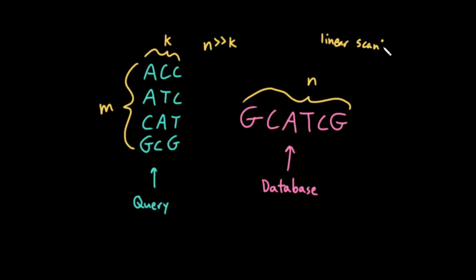So the linear scan would be O(n) for all the potential start sites, times k for the actual O(k) equality check, times m, because I would have to do this for every single sequence in my query. This is way too slow.